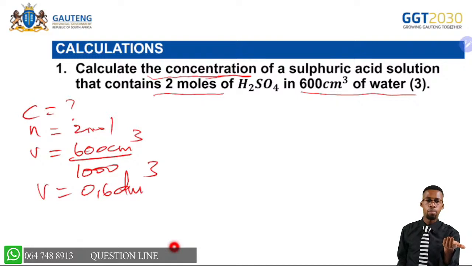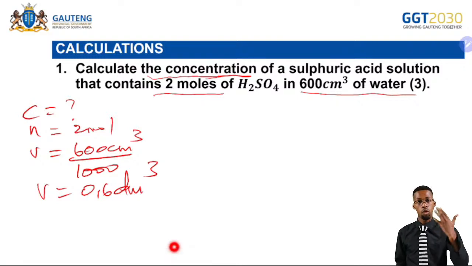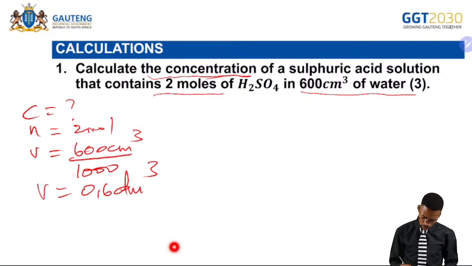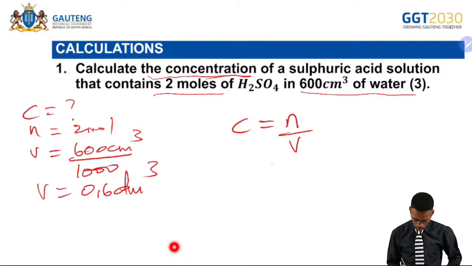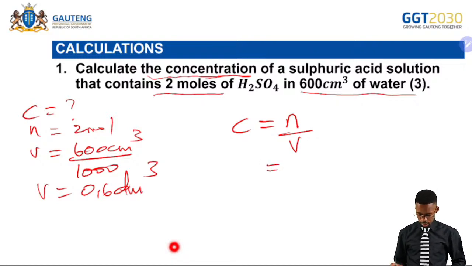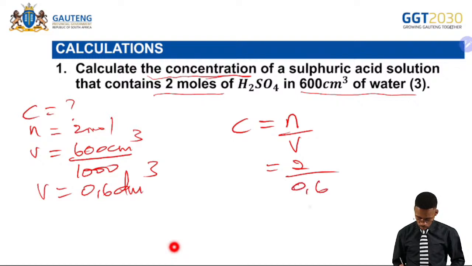Now we have the volume in the correct unit. We have the number of moles. We can calculate for concentration. We can say concentration is equal to number of moles divided by volume. What is our number of moles? It's 2, and our volume is 0.6.